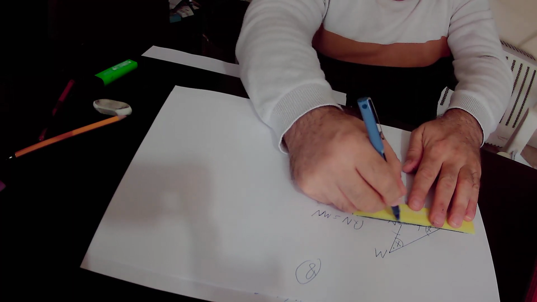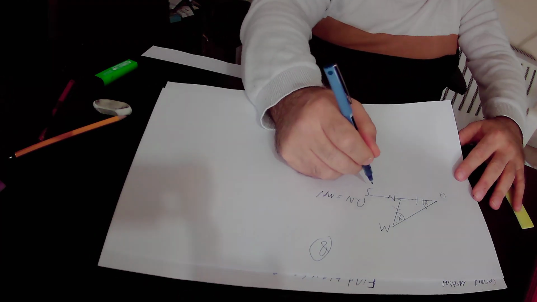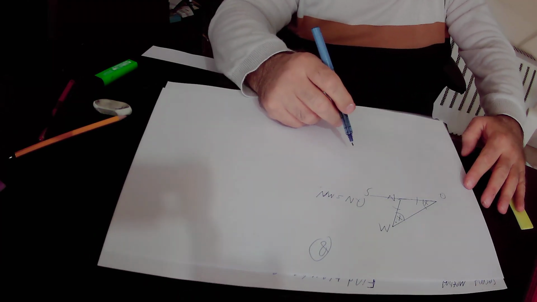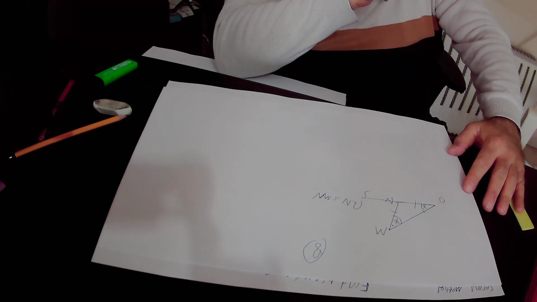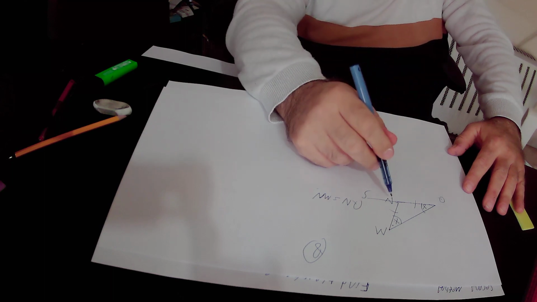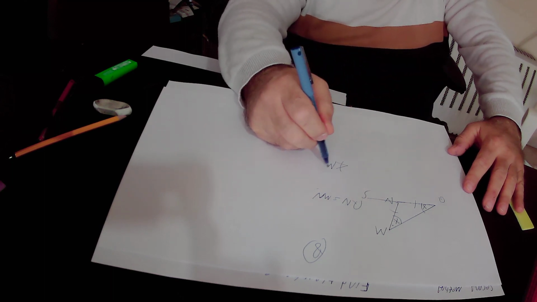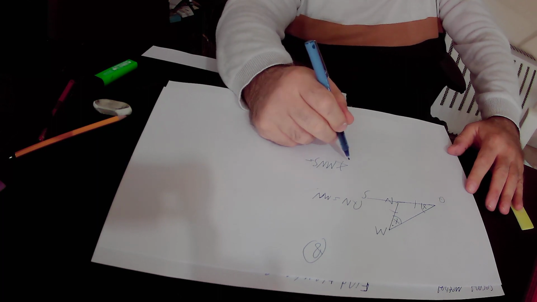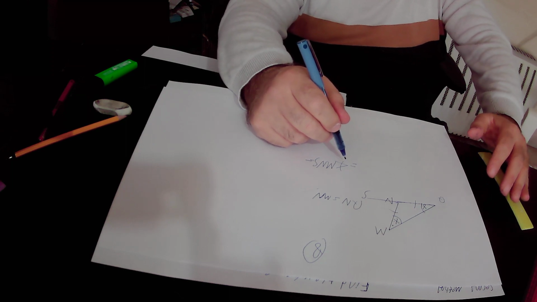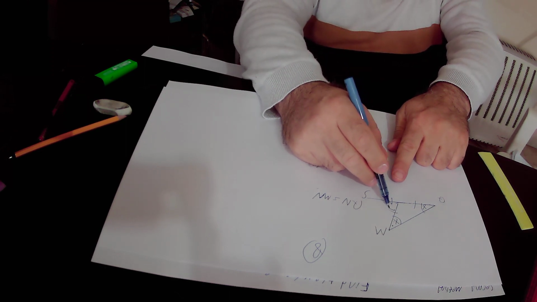And here we have point S. So in triangle NMQ, the value of the exterior angle MNS, according to rule number 4, will be equal to the sum of the two angles that are not adjacent to this exterior angle.